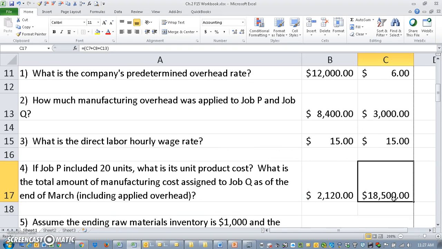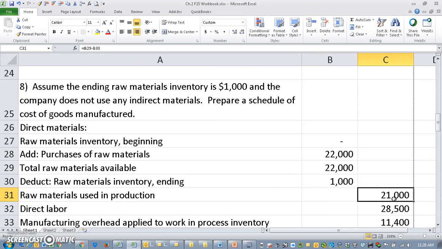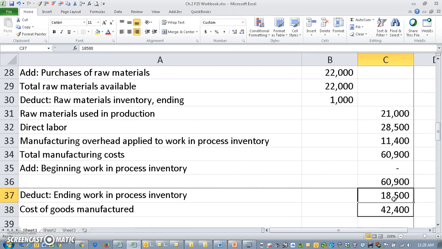That's why they call it work in process, right? Accountants aren't particularly creative when it comes to the titles of the accounts that we use. We like to keep them very clear and distinct. So $18,500 is the remaining balance in our work in process account, because that's the job that is in process. That's the work that we still have in process. Okay, so we know that should be our ending work in process inventory, which leaves us with a cost of goods manufactured of $42,400.